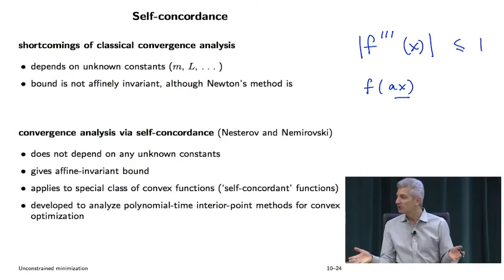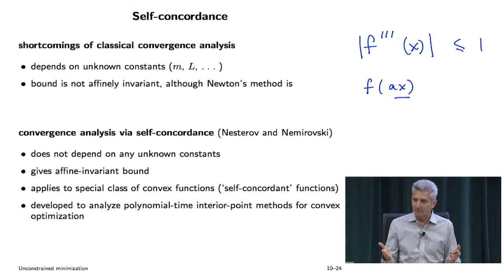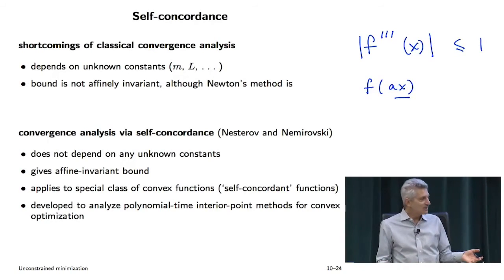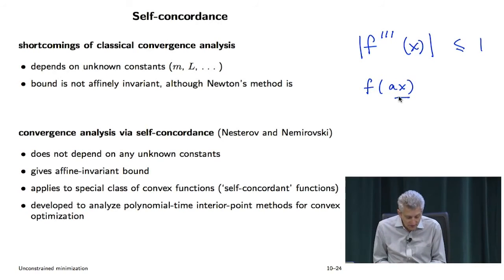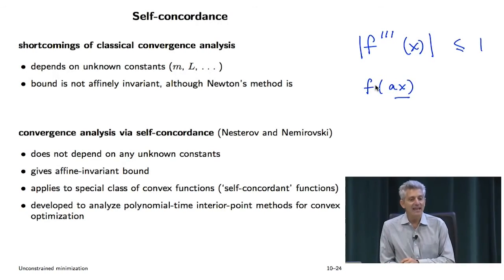So this kind of ruins everything, right? Because it says that the magnitude of the third derivative is not affine invariant. Well, okay, duh, right? So this would be something like L. So then the question is, how can you say the third derivative is small in a way where whatever that definition of small is, it will hold not just for f of x, but f of ax.